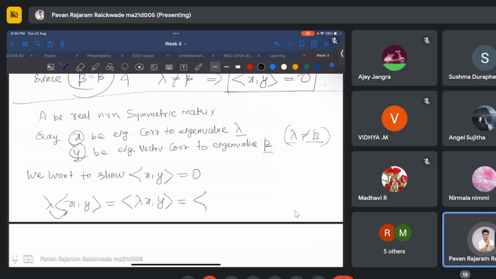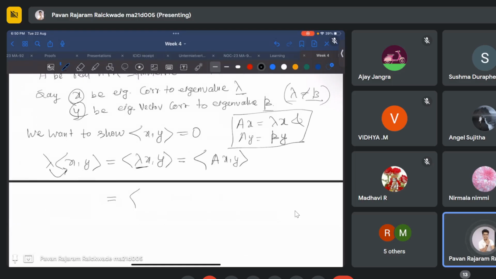Now since lambda is an eigenvalue, you have the equations Ax equals lambda x and Ay equals beta y. So this is lambda x, I can replace it by Ax, and then I can write this using the transpose properties.